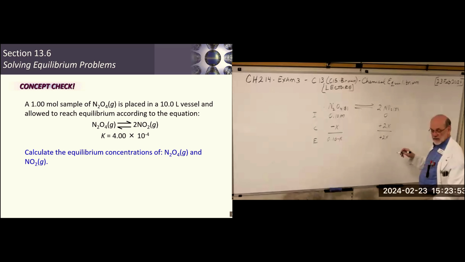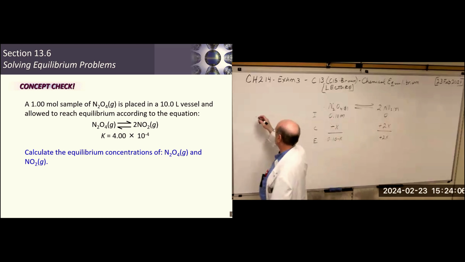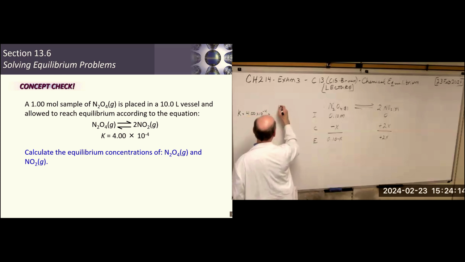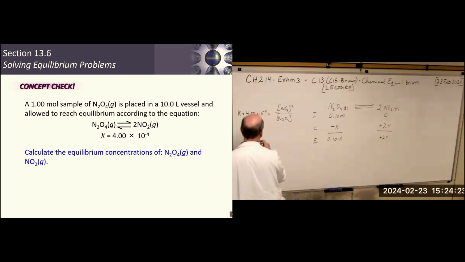Okay? So the equilibrium is, let's see, calculate the equilibrium concentration with K equals 4 times 10 to the minus 4. K equals 4 times 10 to the minus 4, and that's equal to NO2 squared over N2O4, the first power.